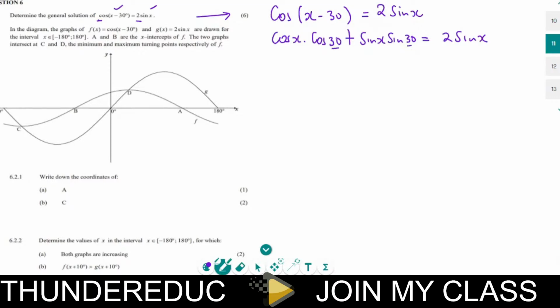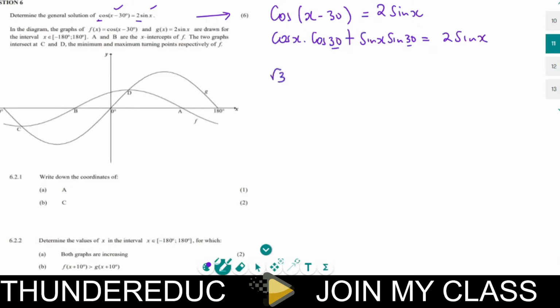The cos of 30 is going to be root 3 over 2.